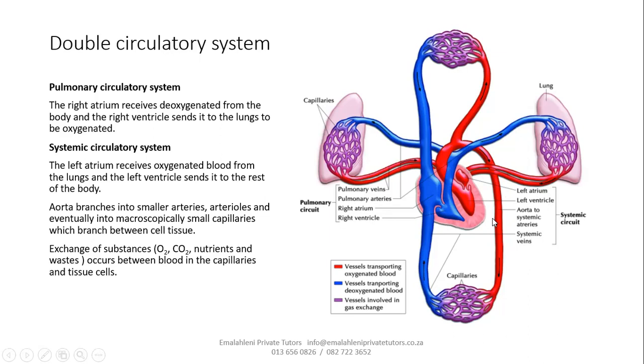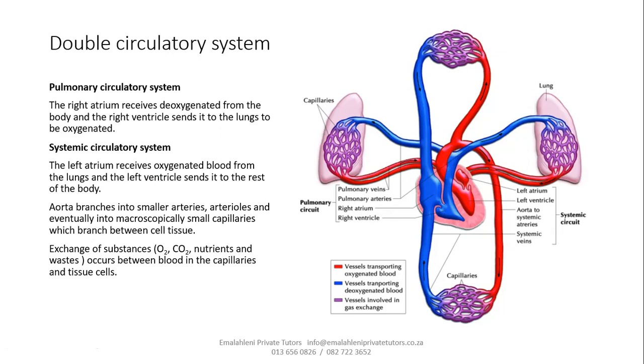Once the oxygenated blood reaches the heart, we are talking about the systemic circulatory system, where our blood has to be pumped to all parts of the body. We must know that the site of exchange, yes, we are talking of the aorta, but it subdivides into small arteries, and subdivides further into microscopically small capillaries.